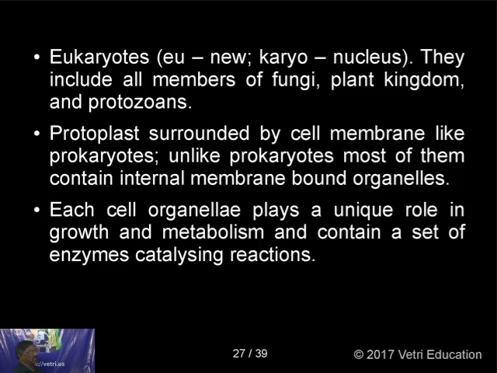The protoplast is surrounded by a cell membrane like prokaryotes, but unlike prokaryotes, most of them contain internal membrane-bound organelles, like chloroplasts, endoplasmic reticulum, mitochondria, Golgi bodies, etc. Each cell organelle plays a unique role in growth and metabolism and contains a set of enzyme-catalyzed reactions.